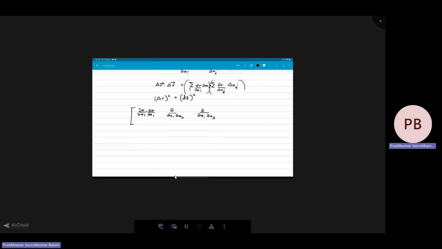Then comes a2 a1, a2 a2, a2 a3, and then a3 a1, a3 a2, a3 a3, and so on.